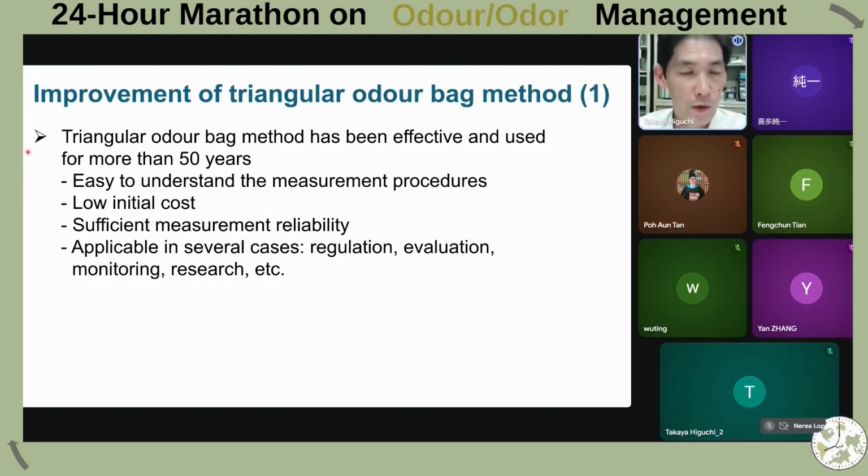And this method also can be used for the odor monitoring at the emission source or in the environment. And also, this method can be used in several fields of research.